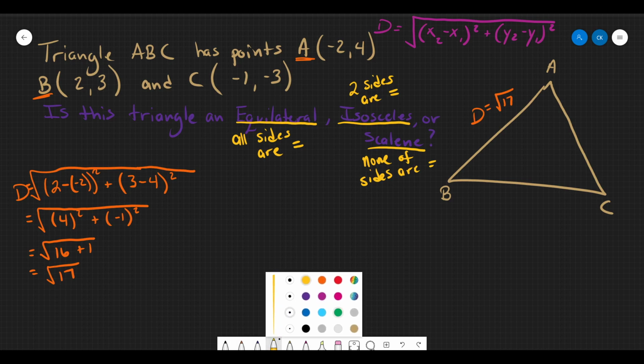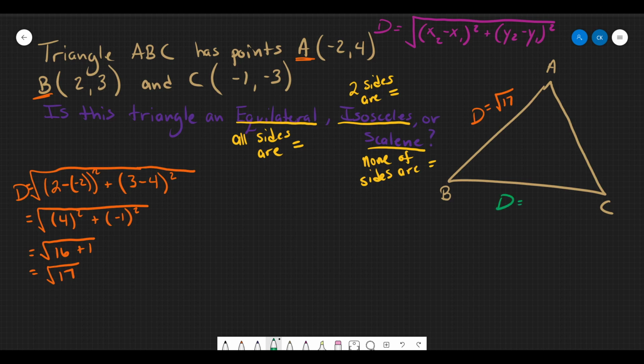All right, so now let's do the distance of BC. So now I'm working with B and C. Probably going to have to start writing a little bit smaller just to make sure I fit this all in here. But for the distance of BC, my x2 is now negative 1 minus my x1 is now 2 squared, plus my y2 is negative 3 minus my y1 is 3.